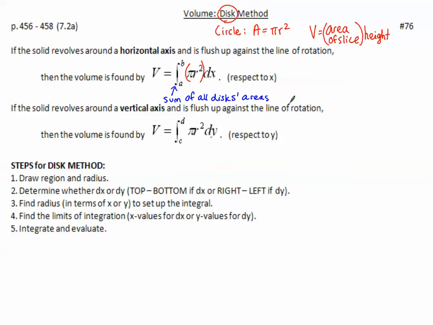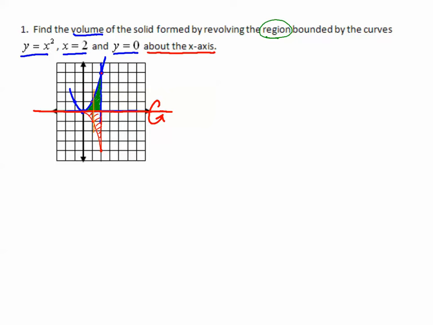So going back to our problem, I want to visualize that one of these slices is a disk. So I'm going to remind myself that volume is the area of the slice times the height, or easier to see it as the integral of the area.